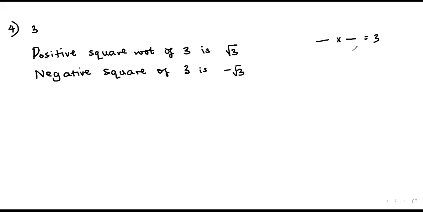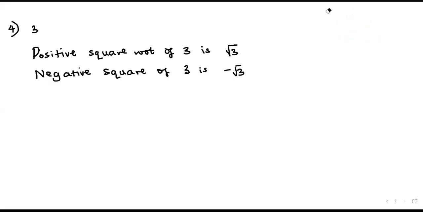No. Cannot, because you see, if I have 1 times 1, I'll get 1. 2 times 2, I'll get 4. 3 times 3, I'll get 9. So there is no number that I can multiply by itself to get 3. So that number is not there.